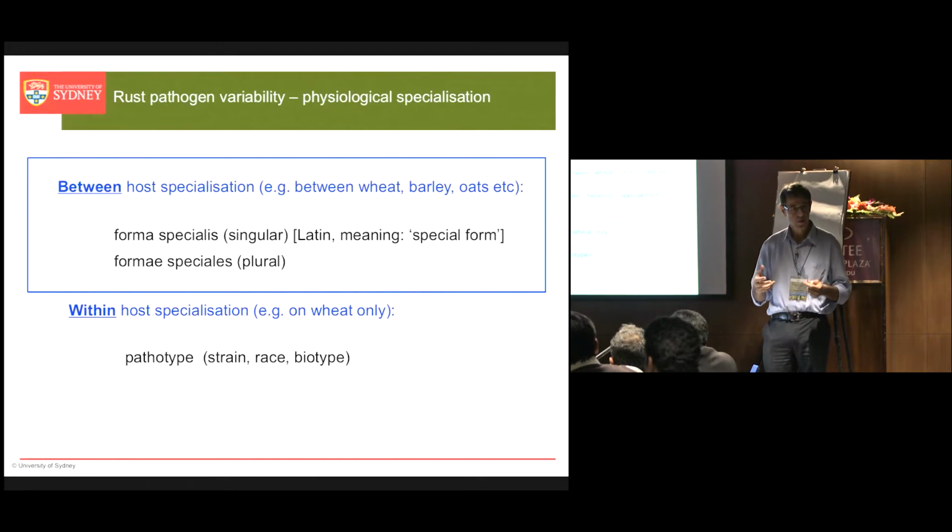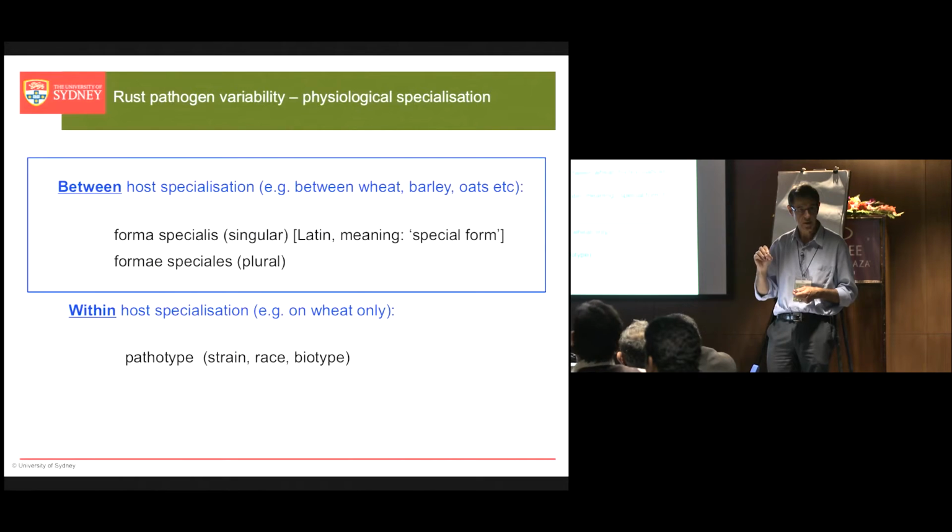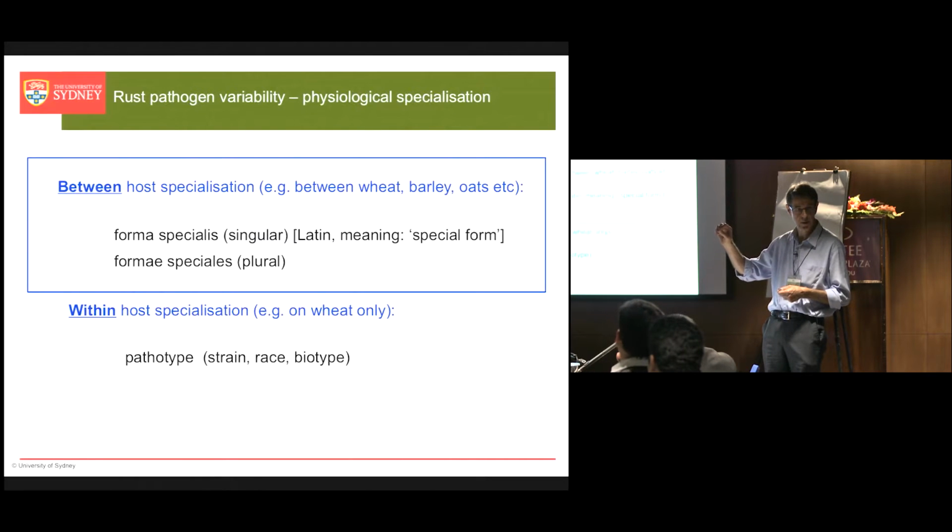The variants that show this between host specialization are referred to as formae speciales, and I've already mentioned that in my first presentation. I showed you wheat stem rust and called it Puccinia graminis forma specialis tritici.